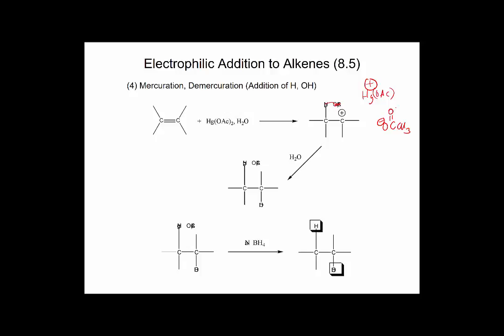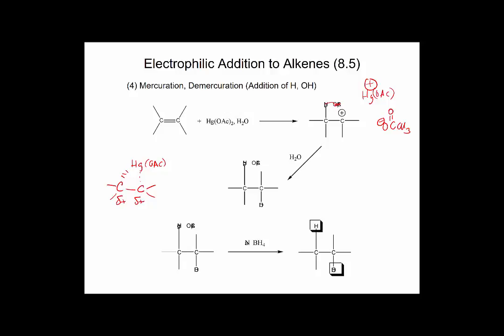The Hg plus is big enough to sit over both carbons in the double bond. So my carbon is partially bonded to the mercury. Both carbons are partially bonded, and that spreads out the plus charge to both carbons.